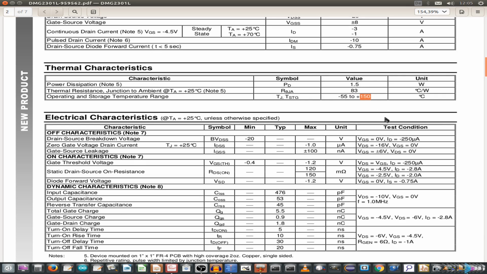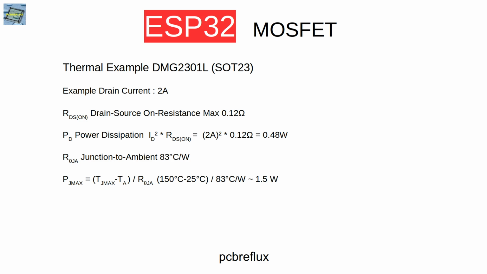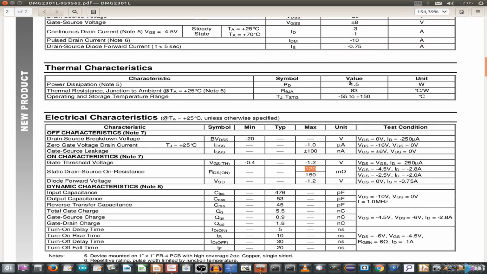That's calculated from our maximum junction temperature 150 degrees C minus 25 degrees C divided by 83 degrees C per watt, or we can also see this value in the data sheet.